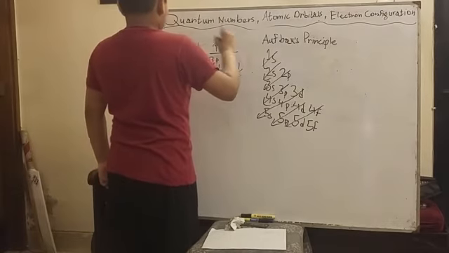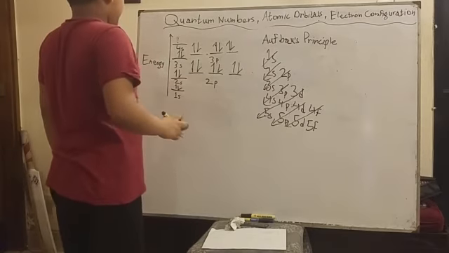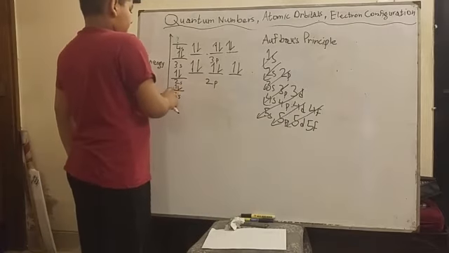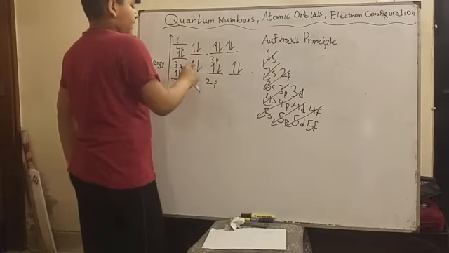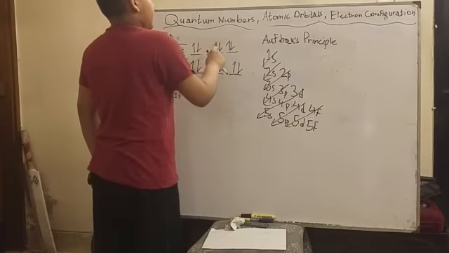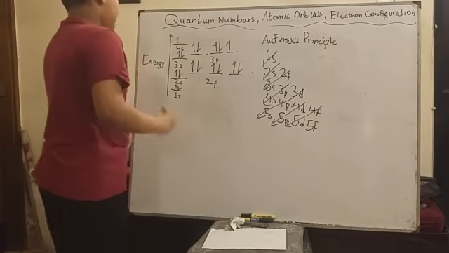And by all that, we can finally understand that chlorine has 17 electrons. Count it. 1, 2, 3, 4, 5, 6, 7, 8, 9, 10, 11, 12, 13, 14, 15, 16, 17. And there's no bottom spin here.